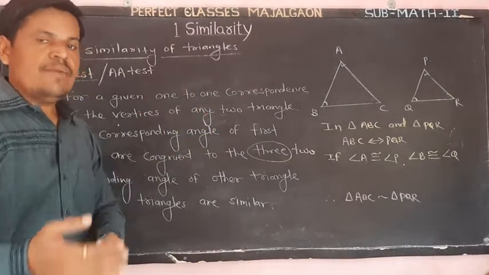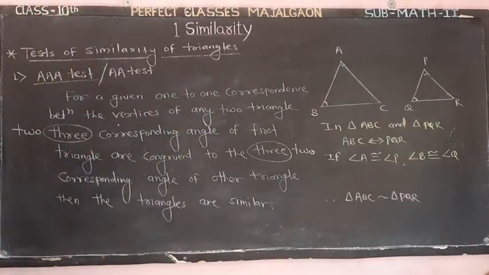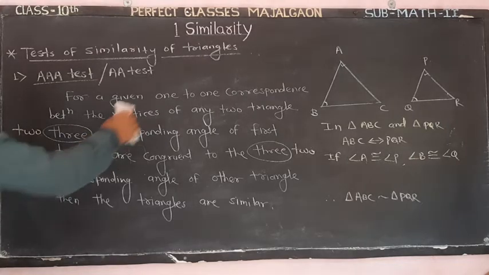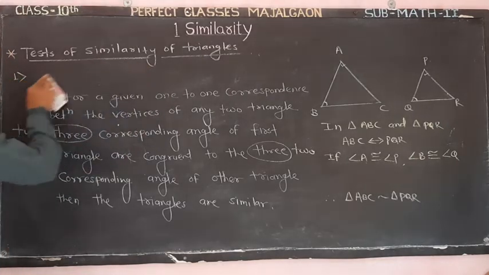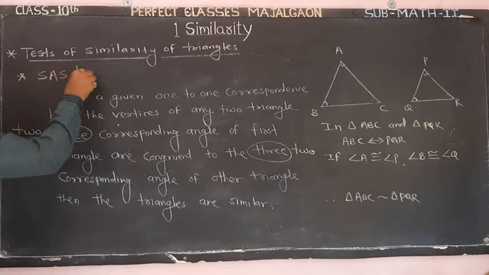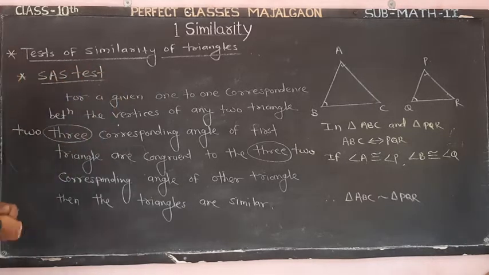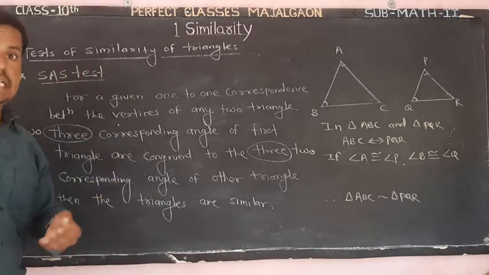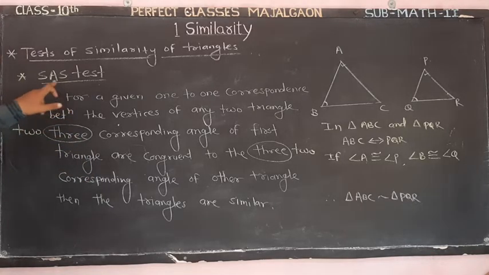Now we see the SAS test for similarity. Here I write the name of the test, SAS test of similarity. Read the name of the test carefully. SAS means side, angle, side.